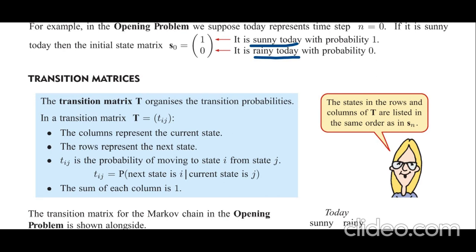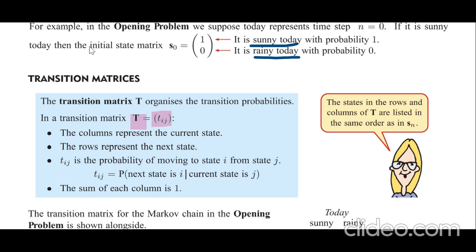So for the transition matrix, we can clearly see that T denotes a transition matrix and it should be a capital T. So we see that over here, right here. You guys can see that it is T over here, right? And we represent this as T equals small t_ij.